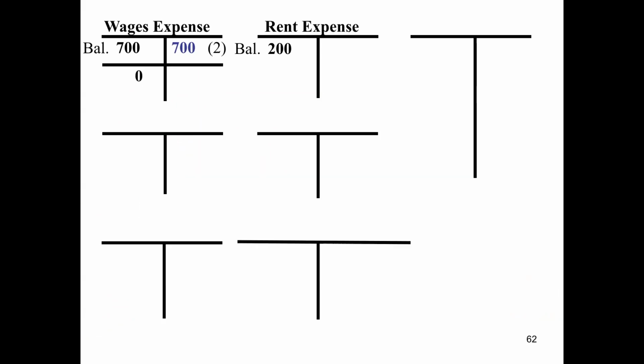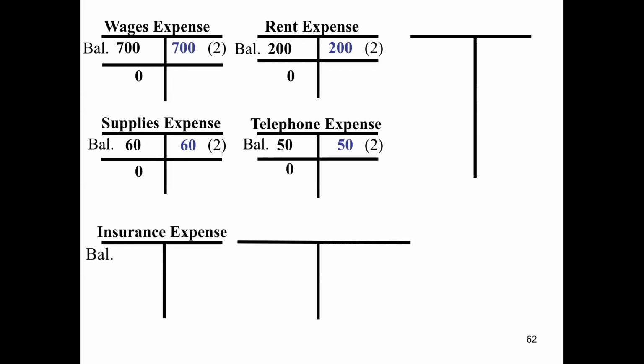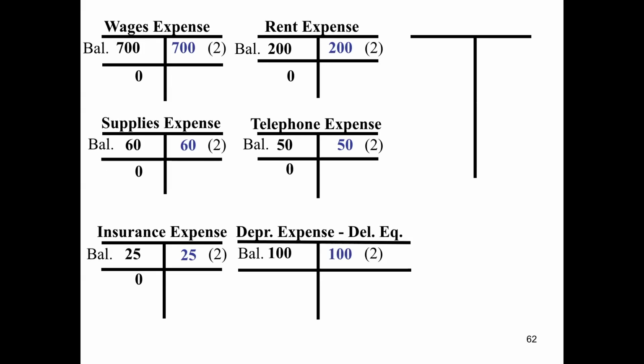For rent expense, 200 debit. So to close that, we have to credit 200. And so on. Supplies expense, credit 60. Telephone expense, credit 50. Insurance expense, credit 25. And depreciation expense, 100. The balance is 0.